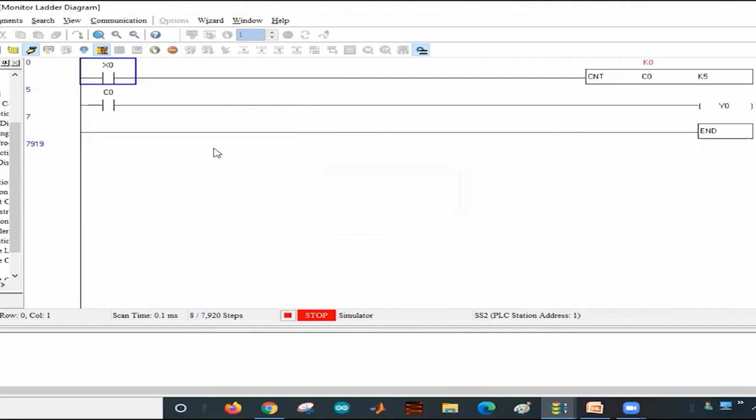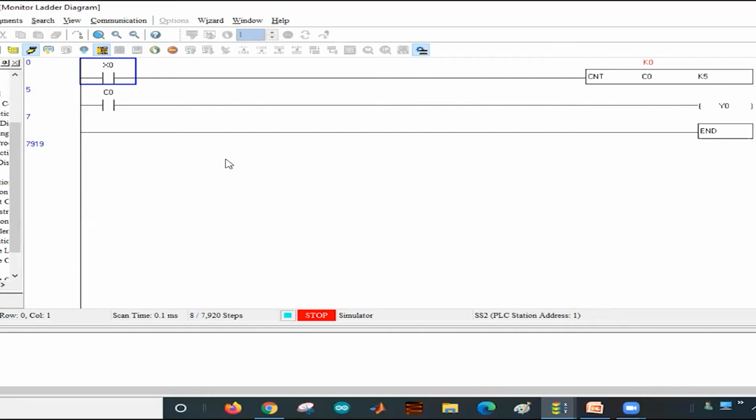Okay. So in the middle of the day, sometimes if the power is gone, then this counter will come back to 0 and we will start counting from 0 again. This should not happen in a production industry.